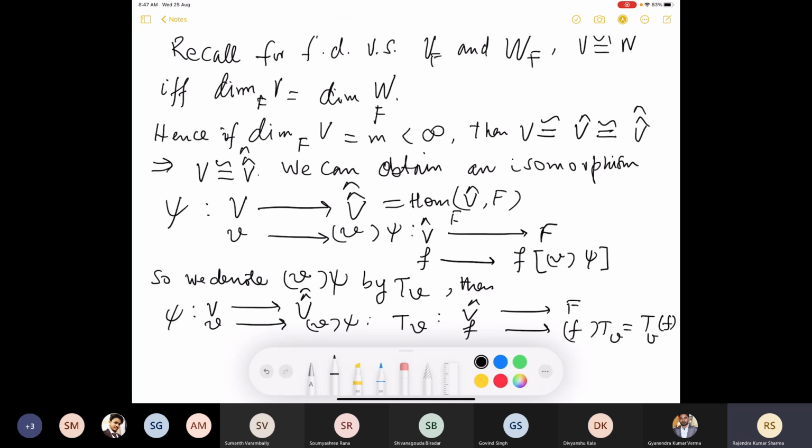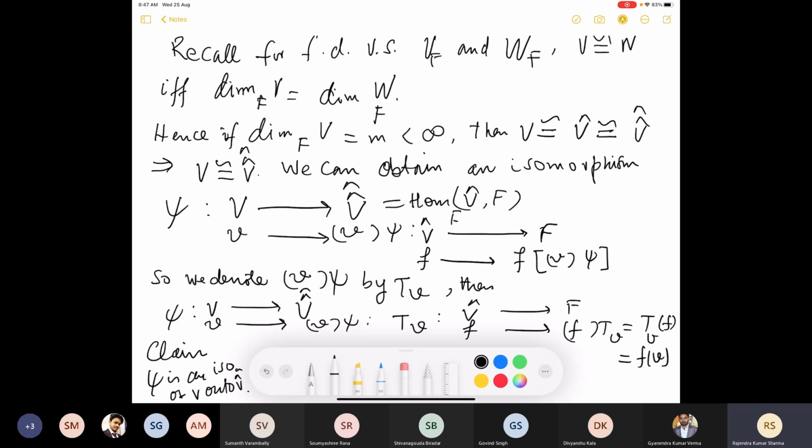So we claim that T_v of f, if you remember, is f of v. Now this is a scalar. So you can prove that this actually is an isomorphism. So what we claim is that this psi is an isomorphism of V onto V hat hat.